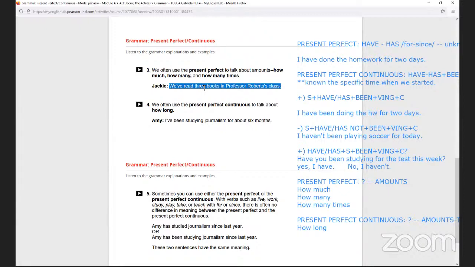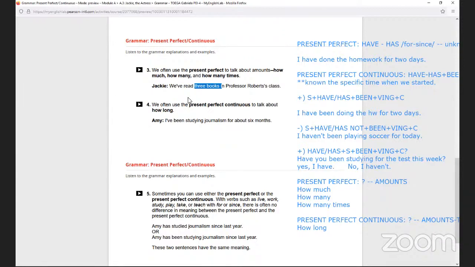How many books have you read in Professor Robert's class? How many? How much? No, it's okay, how many, because we can count 3 books. Yes, how many books have you read in Professor Robert's class, right?